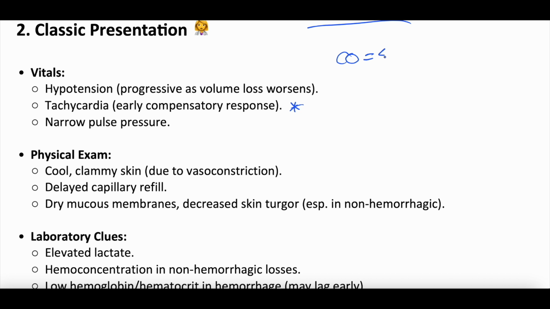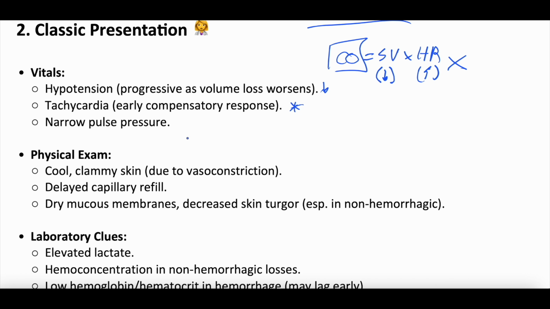Cardiac output equals stroke volume times heart rate. We said in hypovolemic shock, your stroke volume goes down. So your body increases the heart rate to try to maintain cardiac output. So you get tachycardia. Once that tachycardia cannot keep up, you start to get hypotension, right? You get low cardiac output and you cannot fill your blood vessels enough, so you get hypotension.